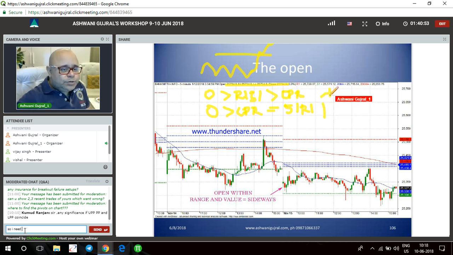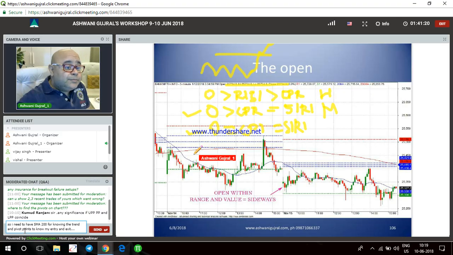This is high opportunity, and if open is equal to CPR, which means inside the range, inside S1 R1, then opportunity is lowest. Here you will at least try to trade the range.